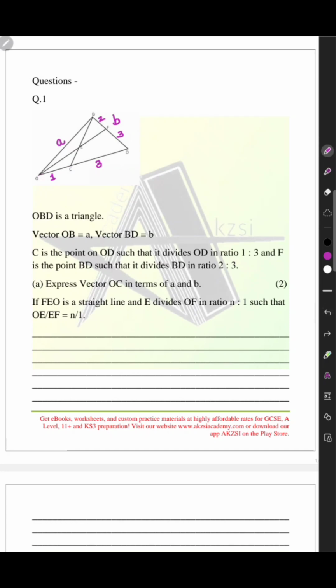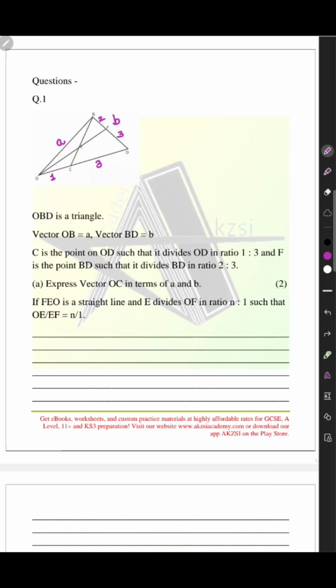So obviously the best approach is to take this whole bigger triangle and apply the triangle law of addition. The triangle law says that the sum of two sides of a triangle is equal to the third side. But which two sides? Those two sides that have the same vector direction, in short, those two sides that are following each other.